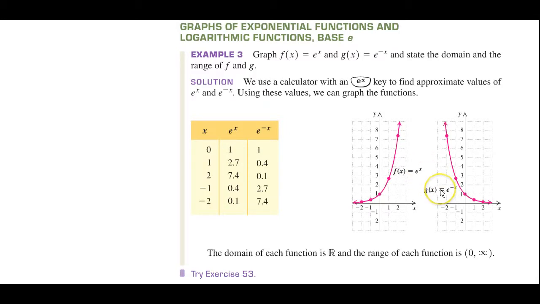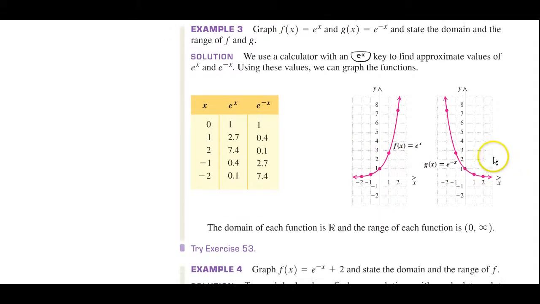And then the inverse. And then let's compare these. As you compare them, can you see that one is the reflection of the other? This is its regular, this is its inverse, and it's reflected along the y-axis.